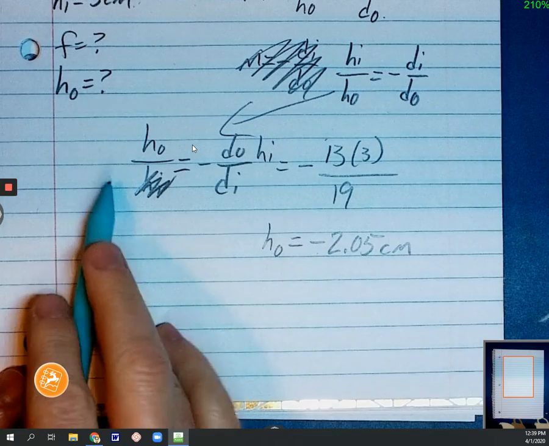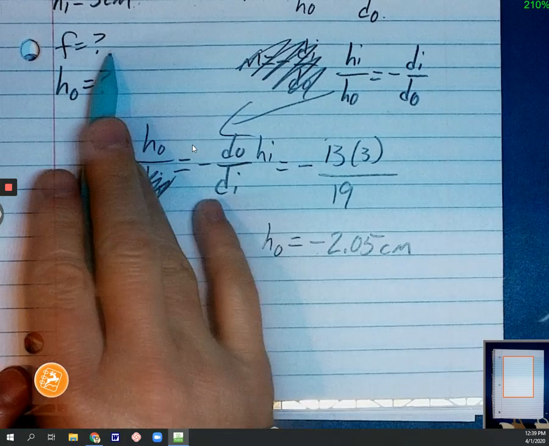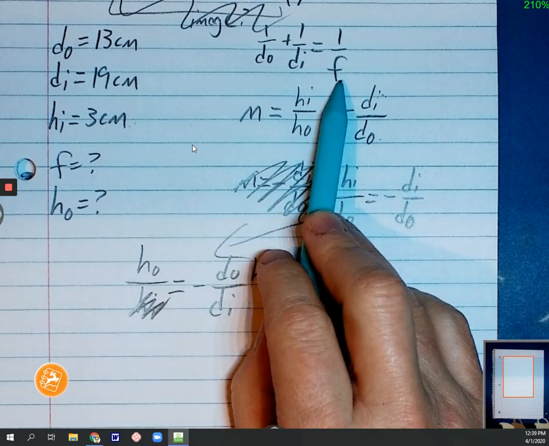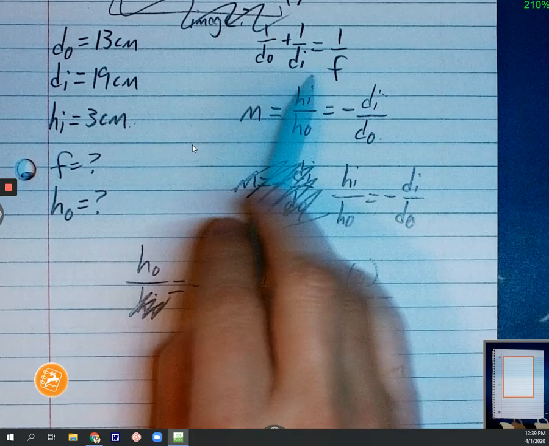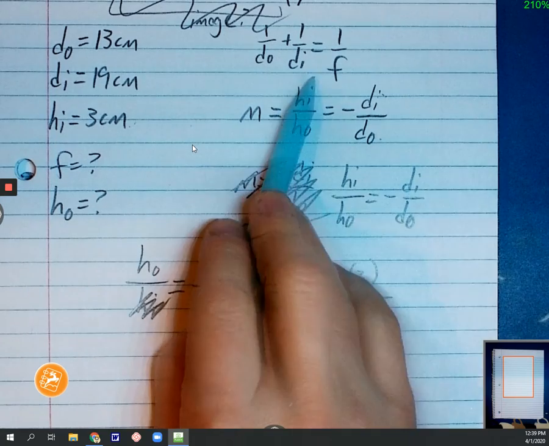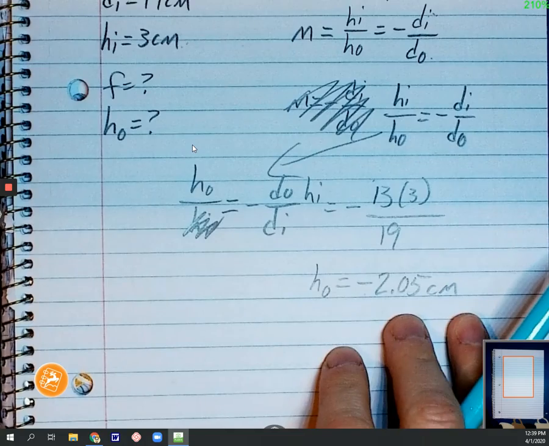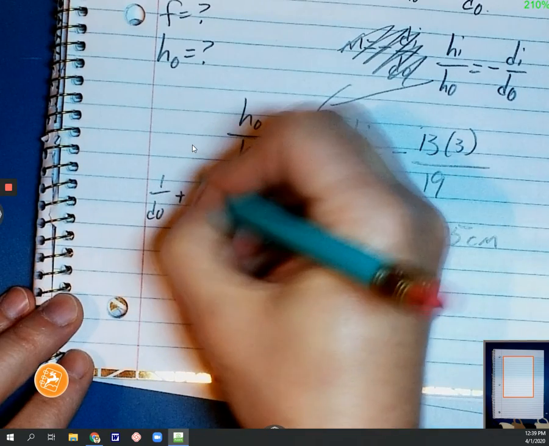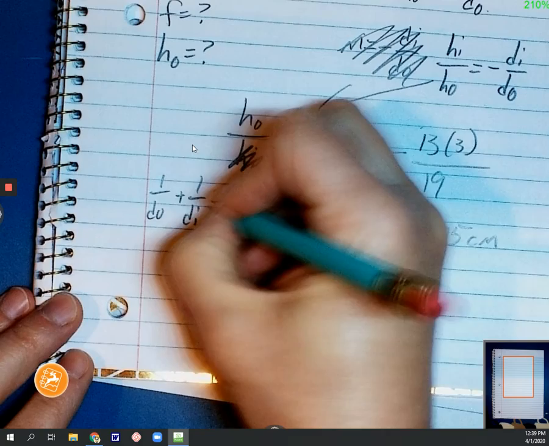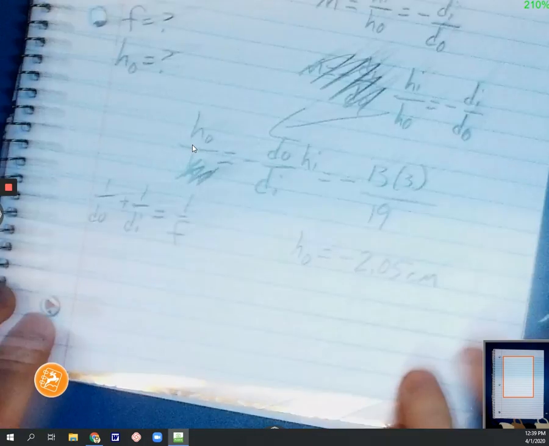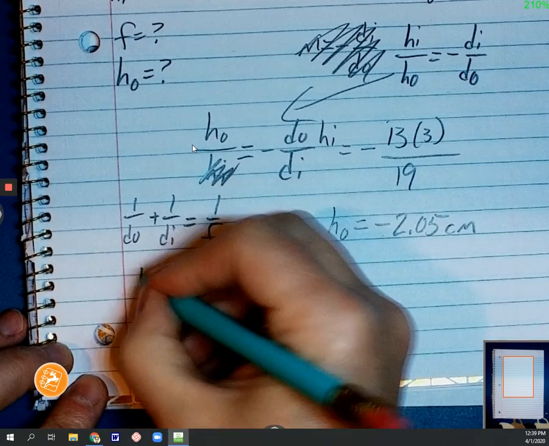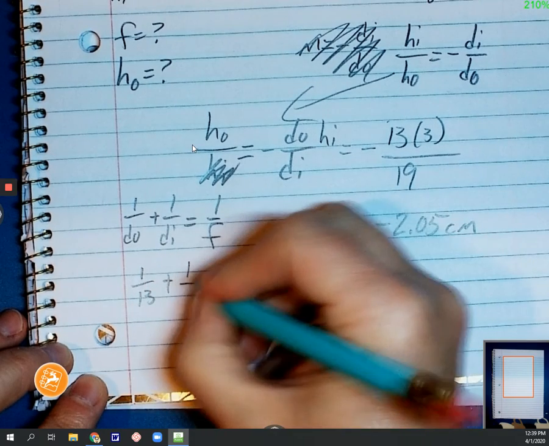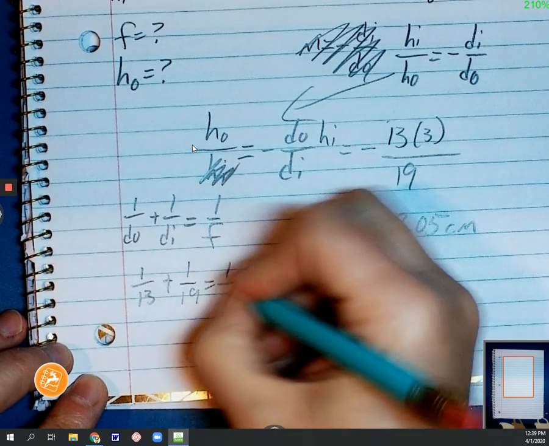I also need to find my focal length. Since I've got do and di, it's easy enough to swap those in. Apologize for the mess. I'm going to start with 1 over do plus 1 over di equals 1 over f. That means 1 over 13 plus 1 over 19 equals 1 over f.